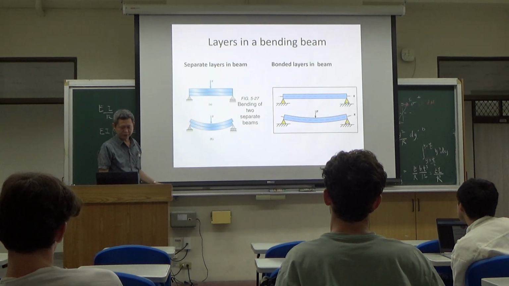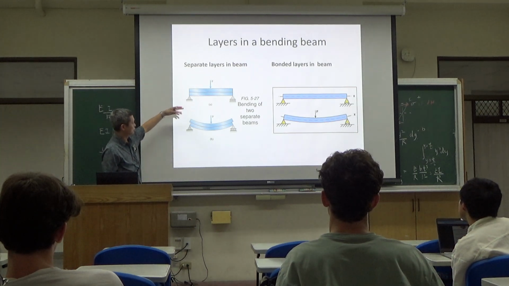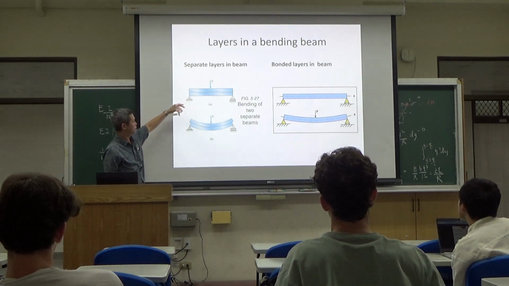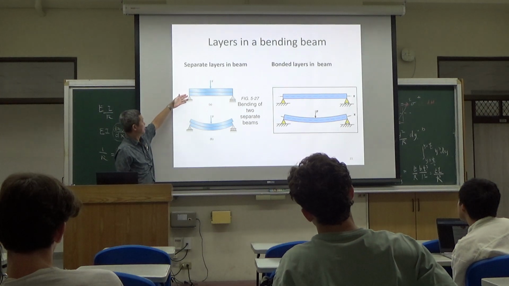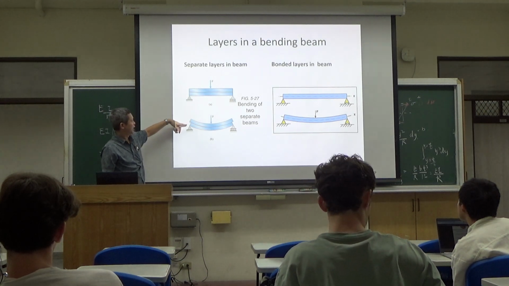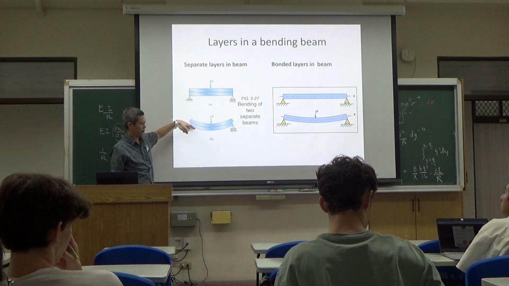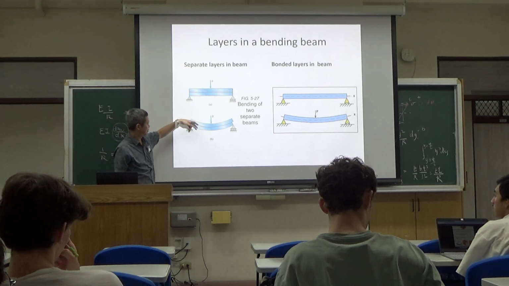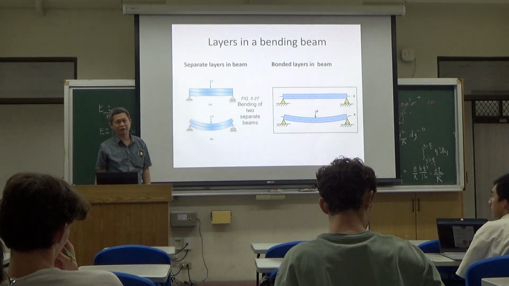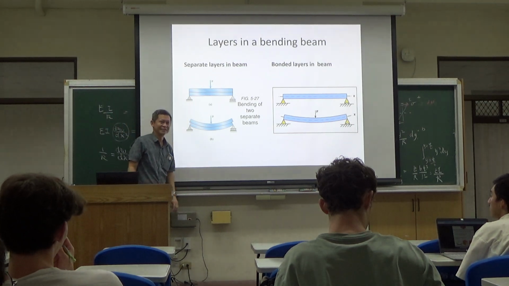Here there is a distinction to let you know: a beam will have greater stiffness when the layers are bonded together. A beam whose layers are not bonded together will have reduced flexural rigidity. So here's a quick check.